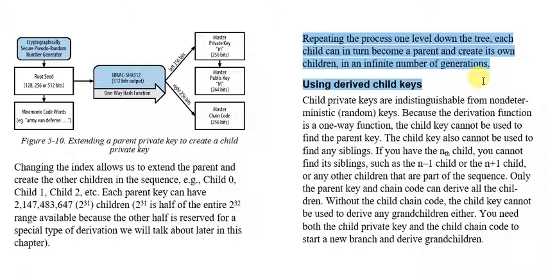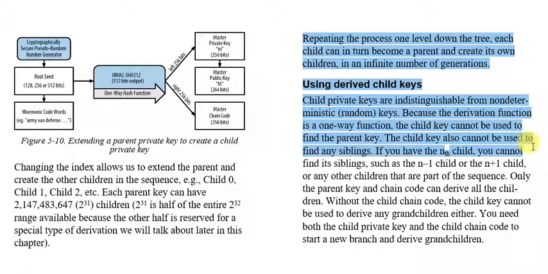Using derived child keys. Child private keys are indistinguishable from nondeterministic (random) keys. Because the derivation function is a one-way function, the child key cannot be used to find the parent key. The child key also cannot be used to find any siblings.